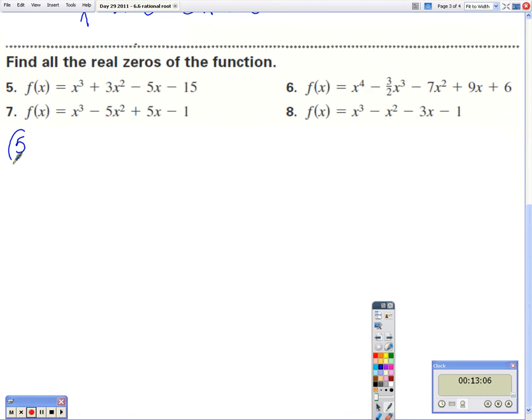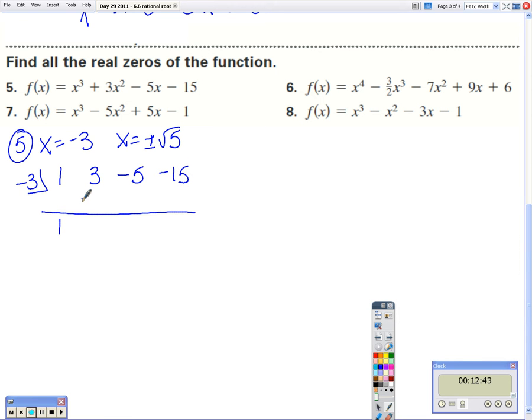Okay, for number 5, my answers are x equals -3 and x equals plus or minus the square root of 5. I started by synthetically dividing with -3 once I listed out all of my p's and q's.